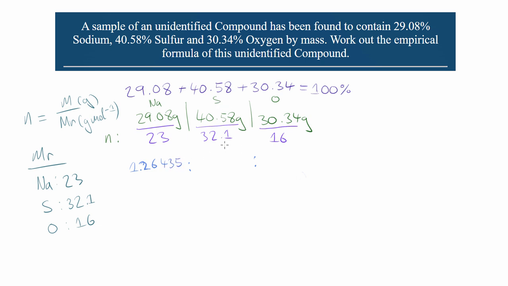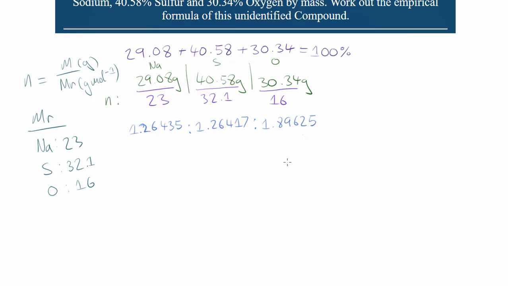For sulfur, right, we're going to get 1.26417. And for oxygen, what are we going to get? Well, for oxygen, we're going to get 1.89625. Right. So this is the ratio that we've currently just established.